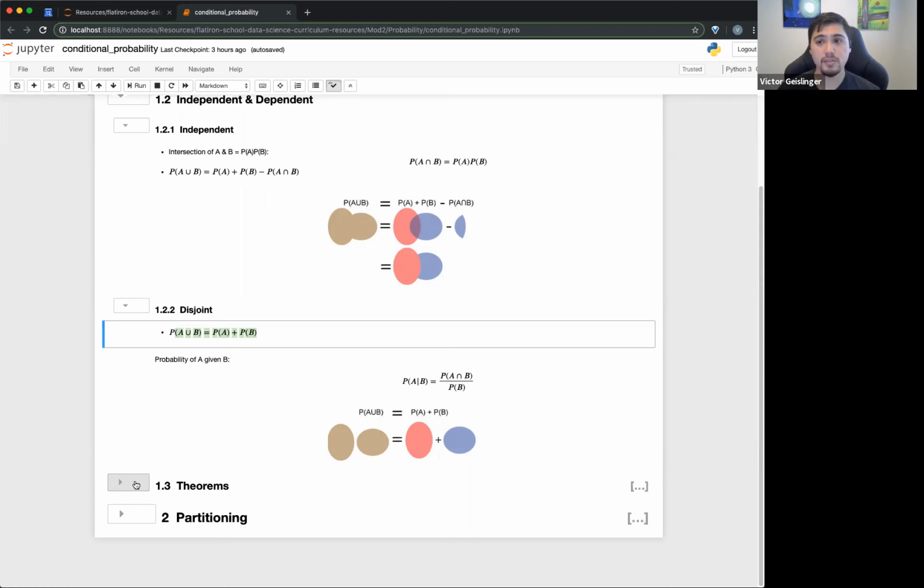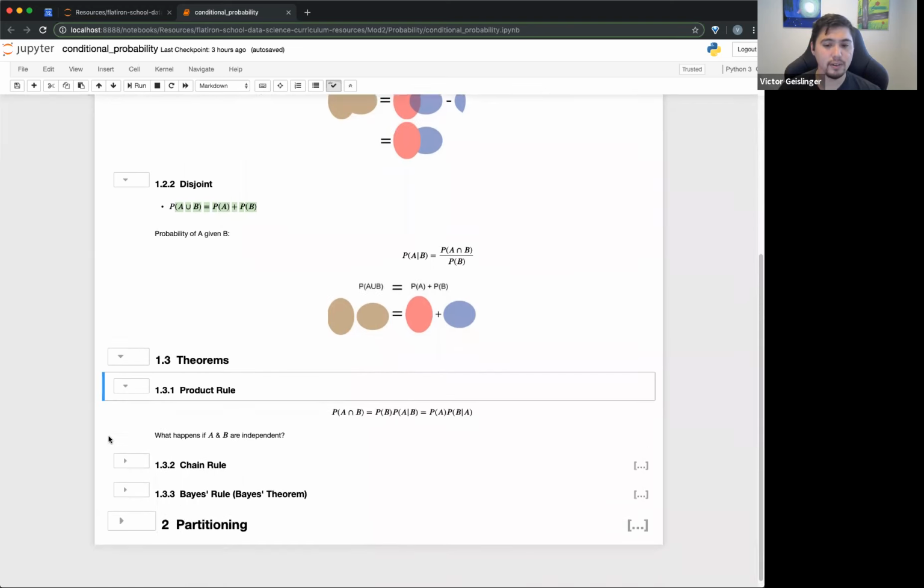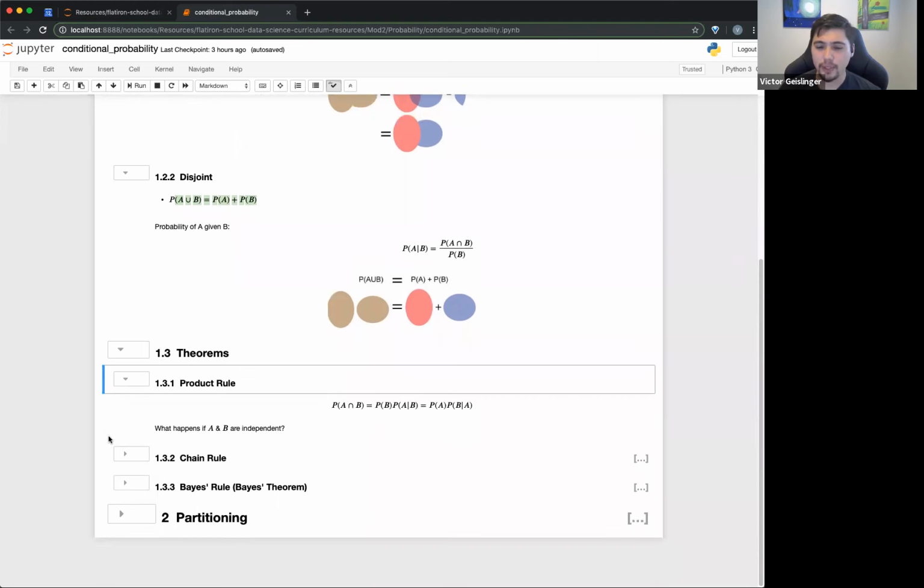So this leads us to a few theorems. The first thing is the product rule, and these are basically how we deal with probabilities.